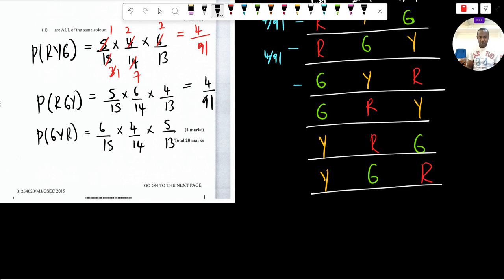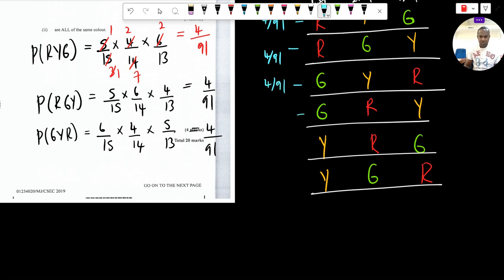And once again, what do you recognize? Same numerators at the top, same denominators. So this gives the same 4 over 91. So this should be sufficient to let us know that each of these probabilities is going to be equal to 4 over 91.